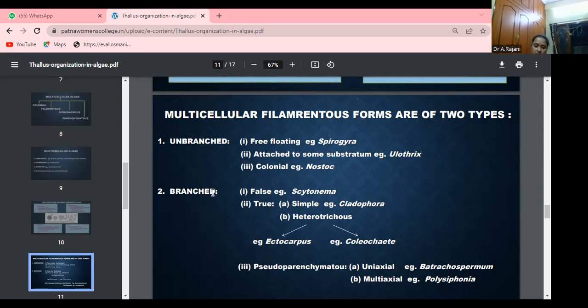When branches are there, the branched filaments are of two types. One is the false branch, the second one is the true branch. First, I'll explain the unbranched one. The unbranched type is again divided into three parts. One is free floating, the best example is Spirogyra. The second one is attached to some substratum.